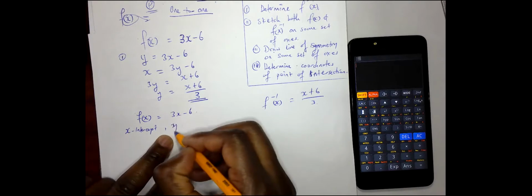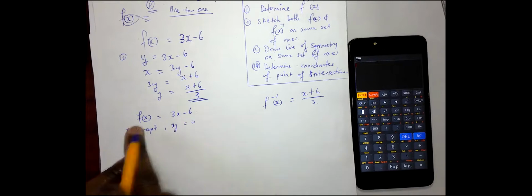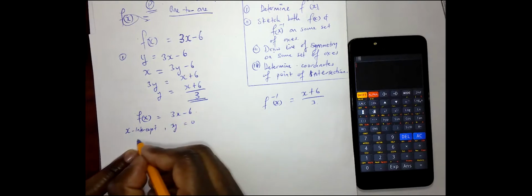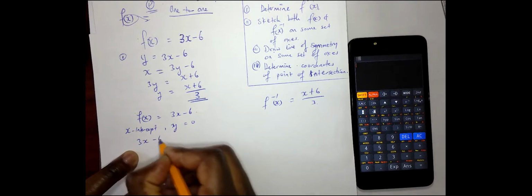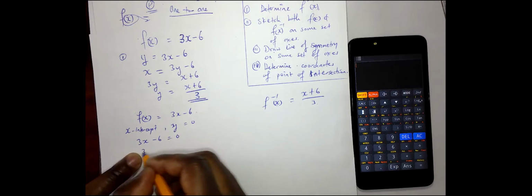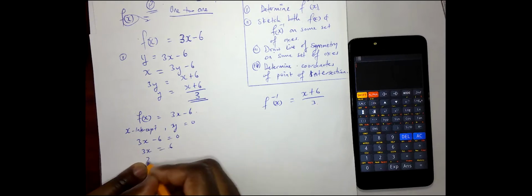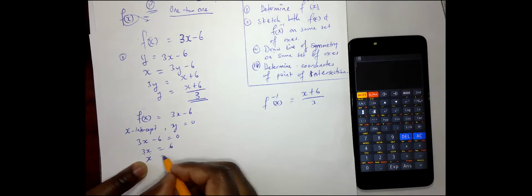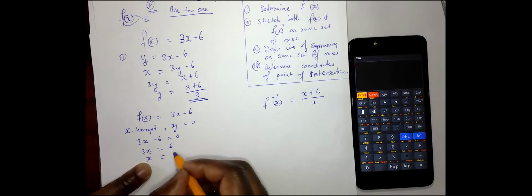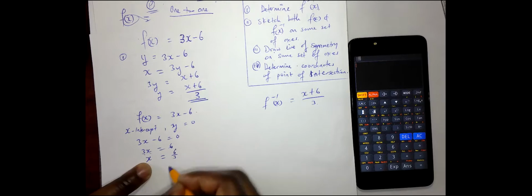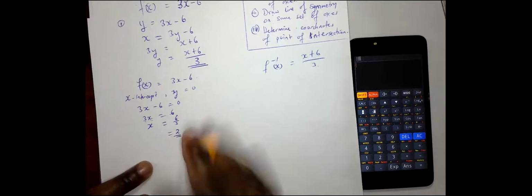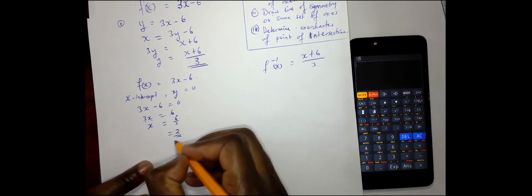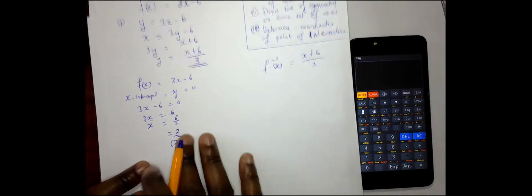So when y is equal to 0, 3x minus 6 is equal to 0, then 3x is equal to 6. We divide by 3 on both sides, so x is going to give us 6 divided by 3, which is 2. So our x is 2, and the coordinate there is going to be (2, 0). That's the first coordinate.